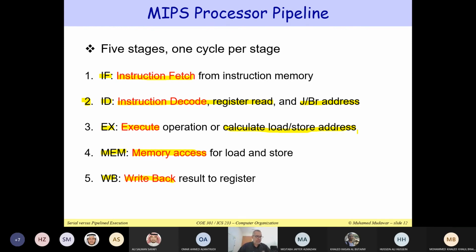But for our case, it can be done, so we can just put them in the same stage. But all of these 5 stages can operate in parallel on 5 different instructions in the program. So once we have filled the pipeline, we can see instructions are writing back, so we can complete 1 instruction every cycle.